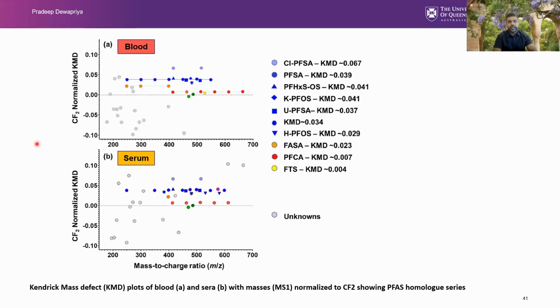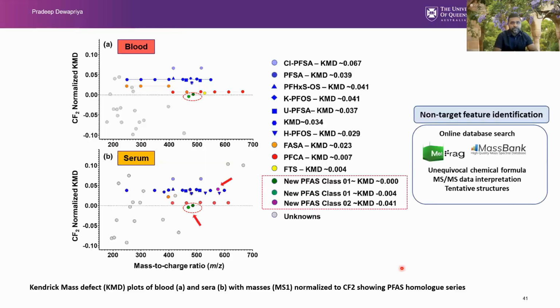In general, KMD plots help us to visualize the homolog series in samples. These are the homolog series we found in our sample. All the shapes in this plot represent a feature, and homolog series detected are highlighted in different colors.